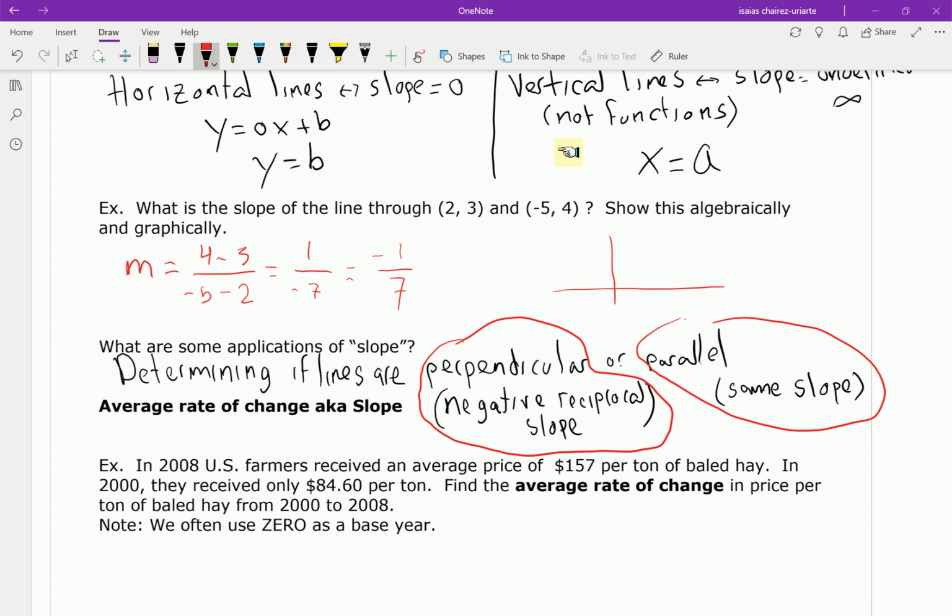Let me think about the point (2, 3). So 1, 2, 1, 2, 3, 4. So (2, 3) is somewhere right around there. The point (-5, 4): 1, 2, 3, 4, 5, so (-5, 4) is up here.